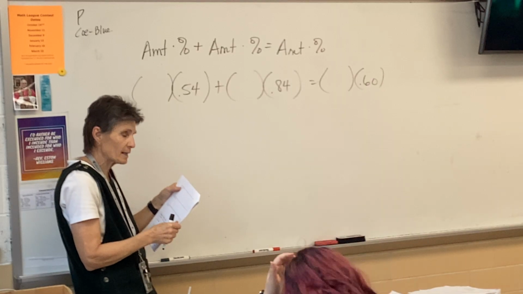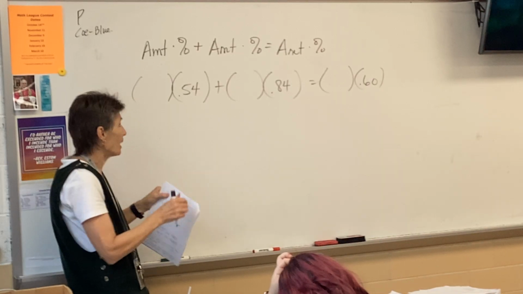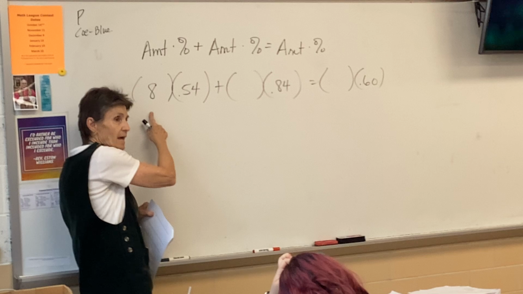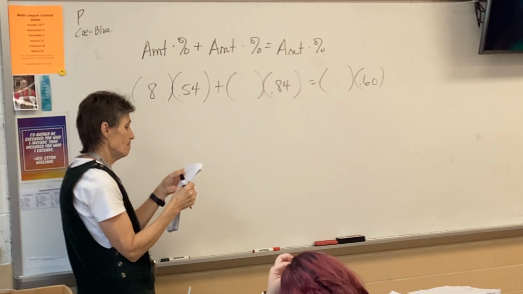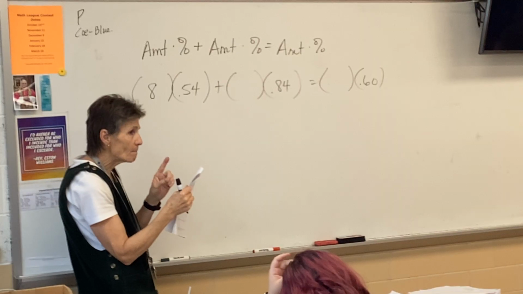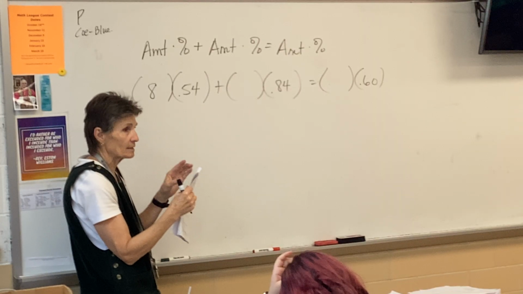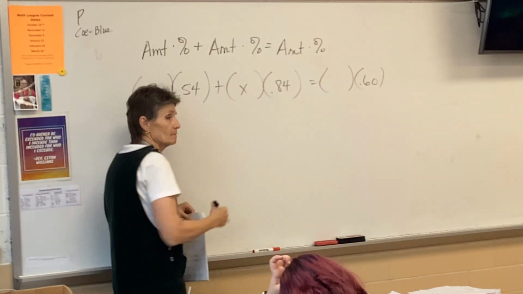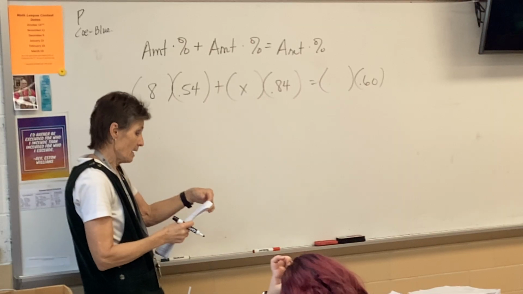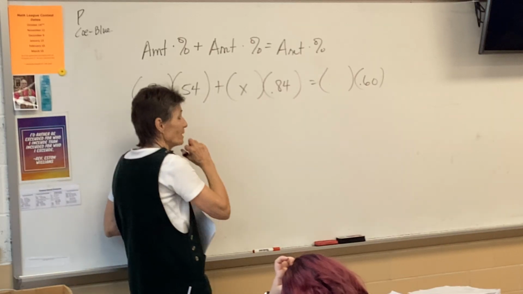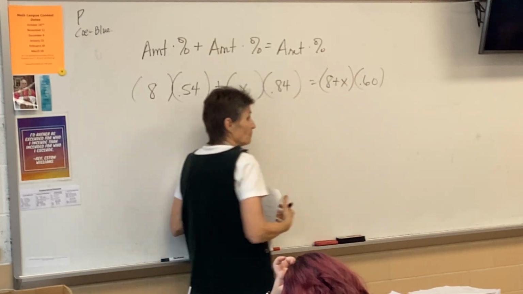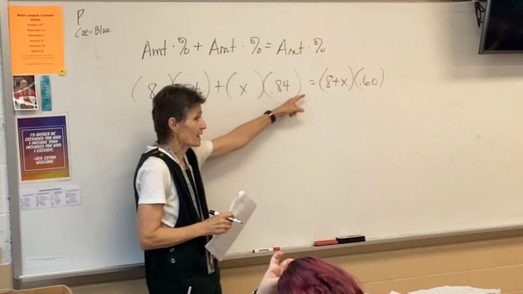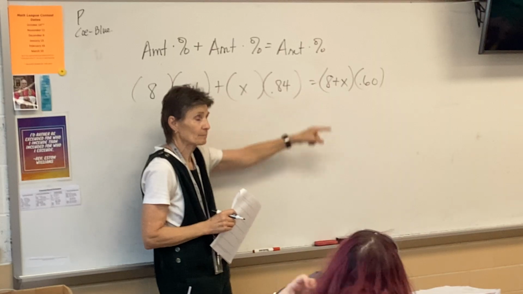I haven't had one like this before. 8 cups of 54, so doesn't the 8 go right there? Mixed with some 84%, x, and I'm going to end up with a 60. So once again, isn't this just going to be 8 plus x? Because I'm mixing these two together to get that one? Yep.